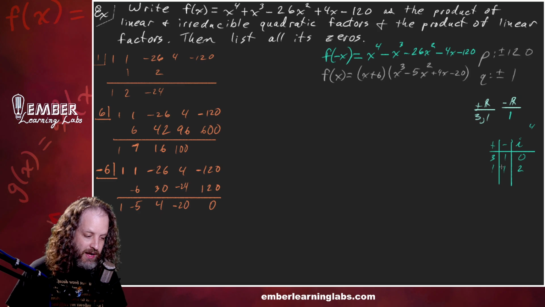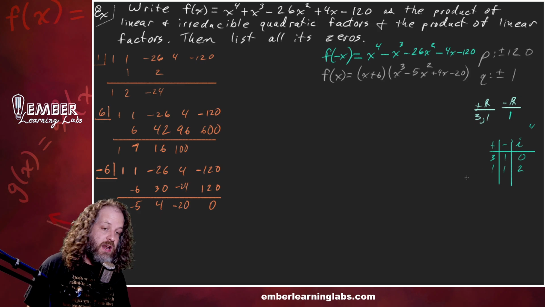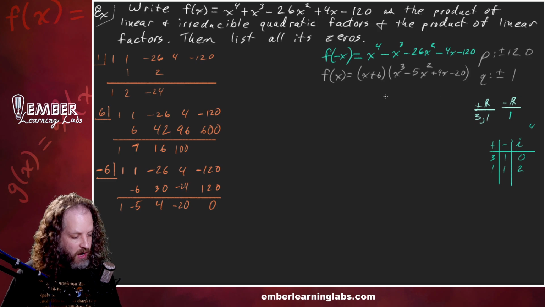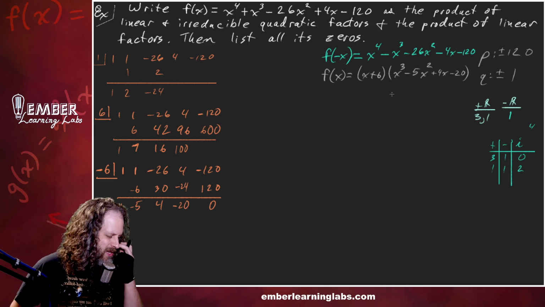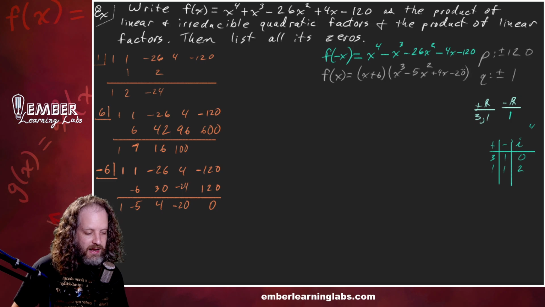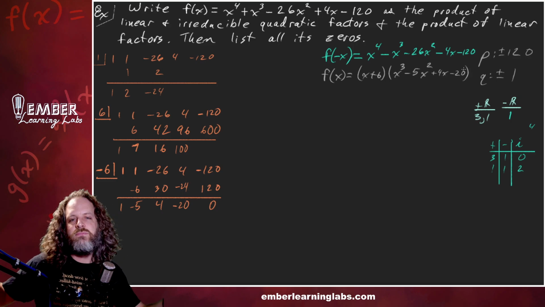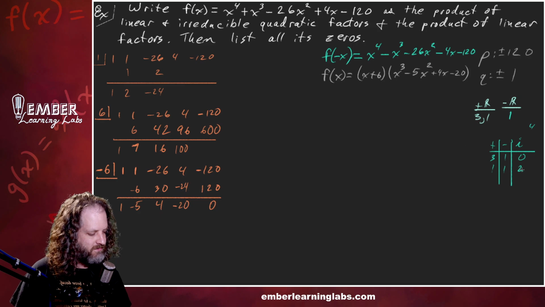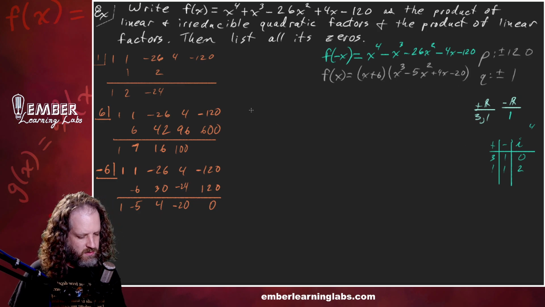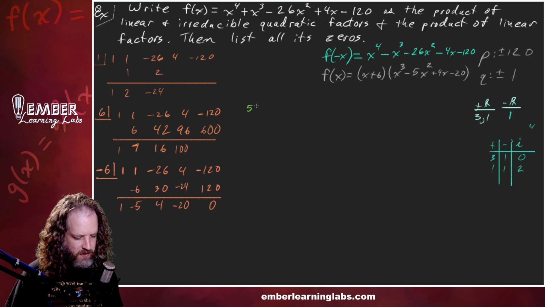So we know that there aren't any more negative ones, right? So what we want to try is positive. So let's try 5. Why not? Okay, so let's do 5 to see if we can find another one.